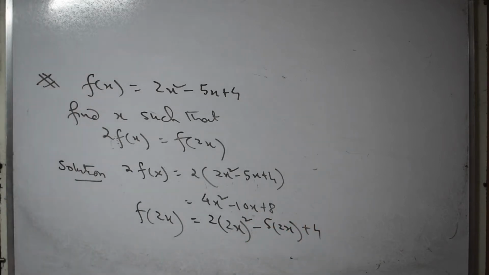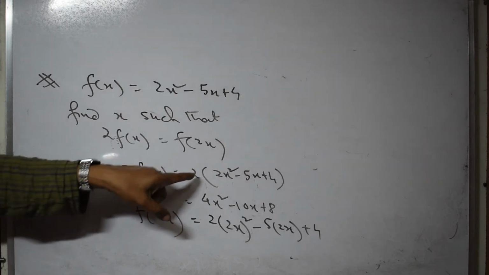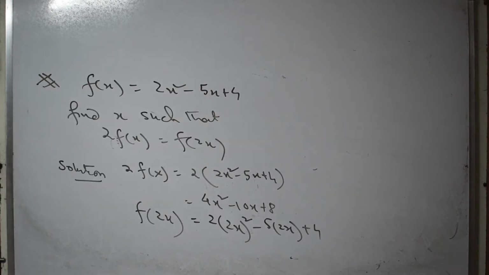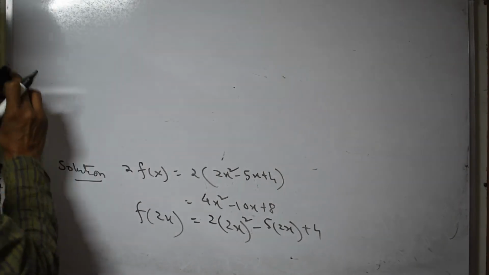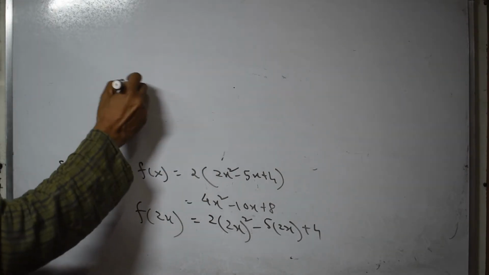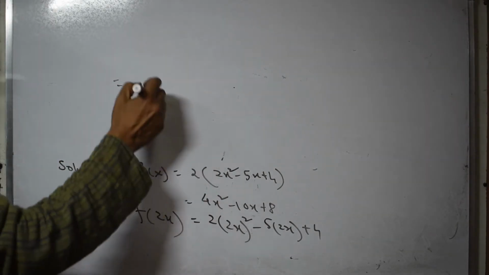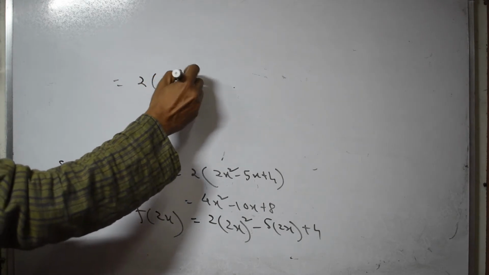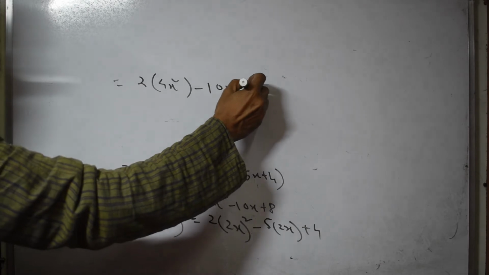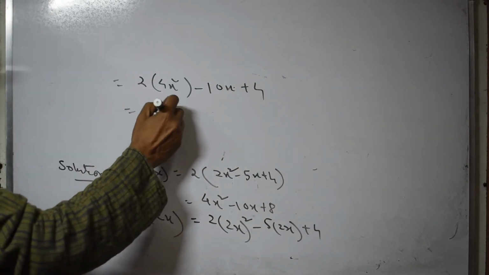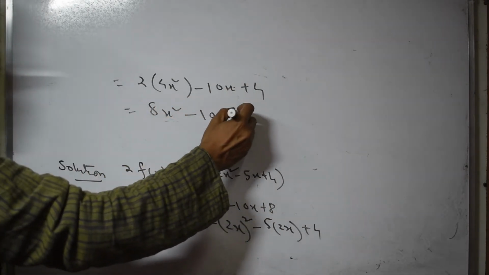So 2f(x) is multiplying the whole expression by 2, and f(2x) is replacing x by 2x in the given function. Now what we find here is 2 into 4, that is 2 square times x square, minus 10x plus 4, that means 8x square minus 10x plus 4.